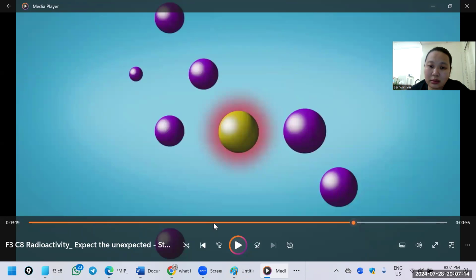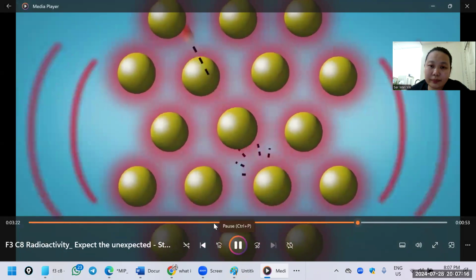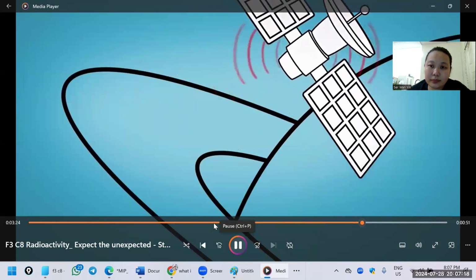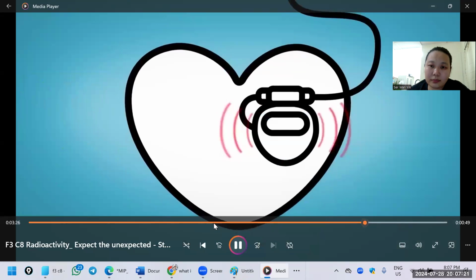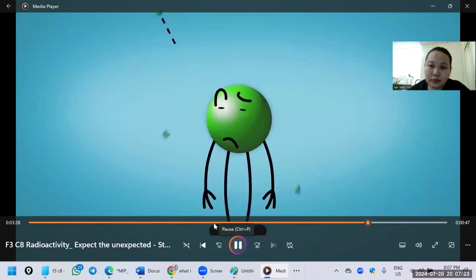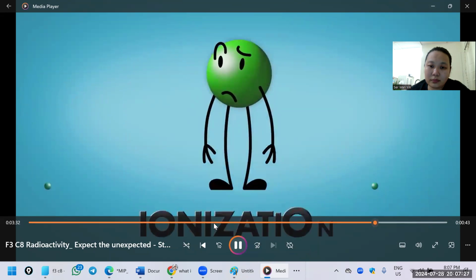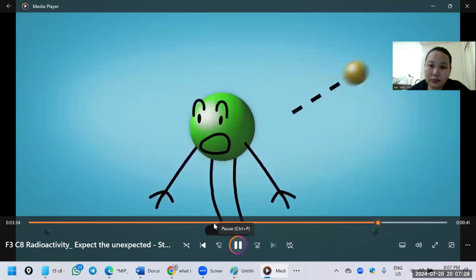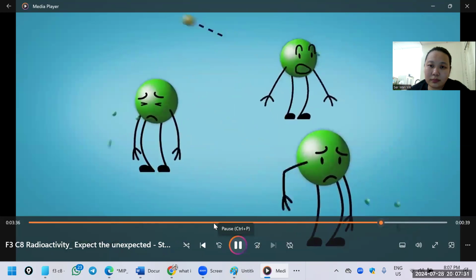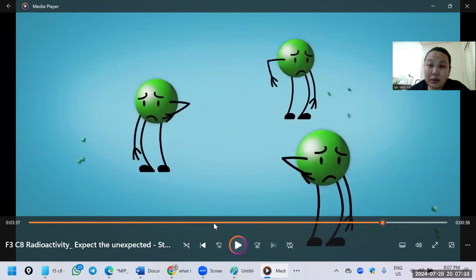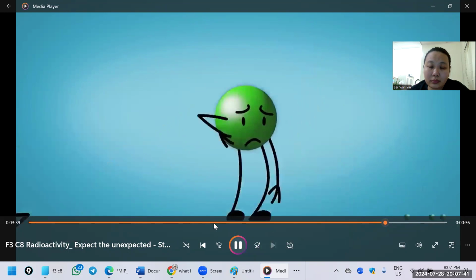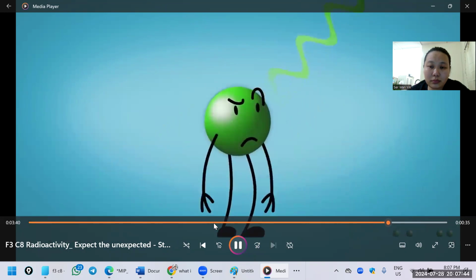Alpha causes the highest ionization; you can see electrons being hit and going out.